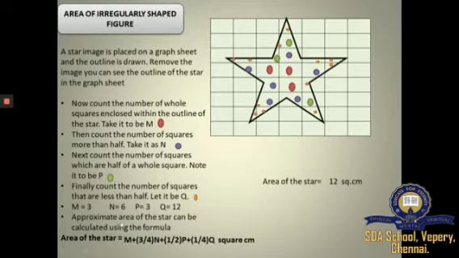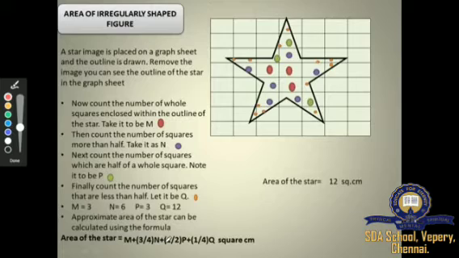So the approximate area of the star can be calculated using the formula: area of the star is equal to m plus 3 by 4 n plus half p plus 1 by 4 q square centimeter. When you substitute the values of m, n, p, q in the formula, I obtained the area of the star as 12 centimeter square, that is 12 square centimeter.